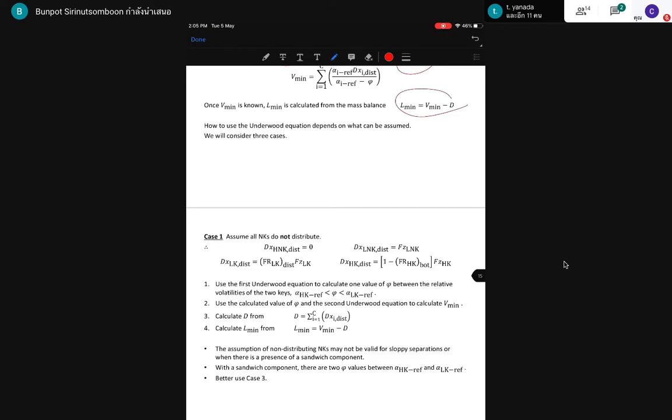We assume all the light non-keys go to the distillate and all the heavy non-keys go to the bottom, and then we use the first Underwood equation to find the phi value. Once you know phi, you use the second Underwood equation to find V minimum, then you find L minimum, and then you can find the reflux ratio, V over L or L over V, up to you.